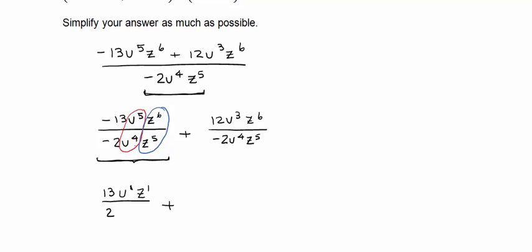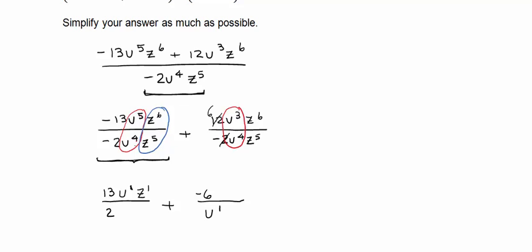Okay, let's do this next one. So I have a positive 12 divided by a negative 2. That's going to give me a negative 6, right? So that's a negative 6. And then I have my u's. I have a u to the third on top and a u to the fourth on the bottom. So I know my u is going to stay in the denominator, and 4 minus 3 is 1, right?